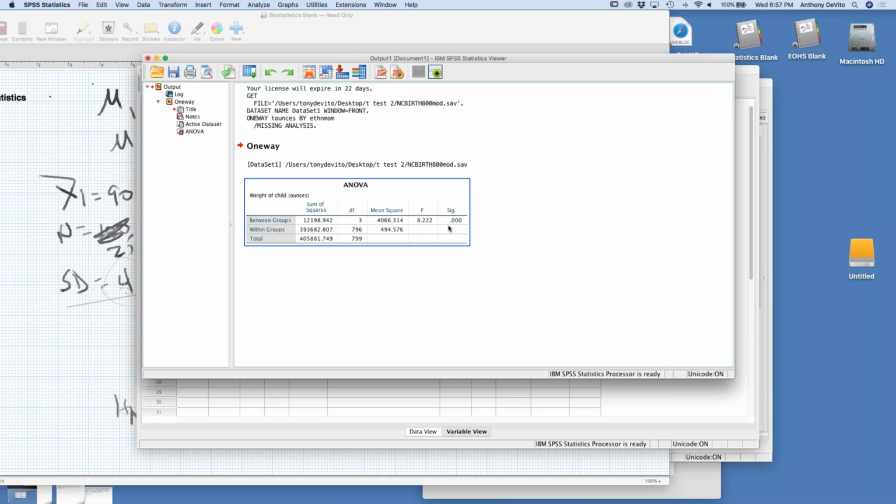Well, let's take a look at the p-value or significance. It's way below 0.05. It's less than 0.001. It's not really zero, it's less than 0.001. So we would say to ourselves, that's so low that it's very unlikely that I would be wrong in rejecting the null hypothesis. So that tells us we can reject the null hypothesis.